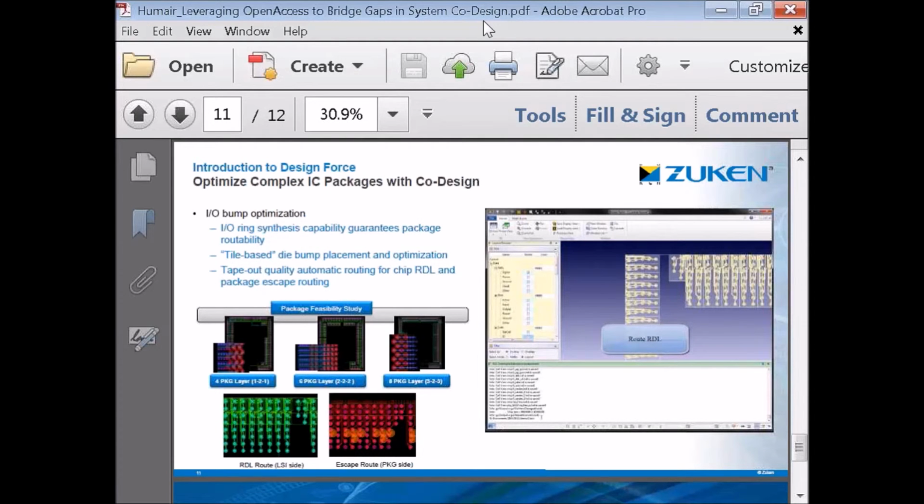So in here, what I was going to show is that, once you have the full system in place, from a system view or even just from a planning perspective, we have the ability now, because of open access, to bring in some initial starting point of the chip data. You can then bring in the package.